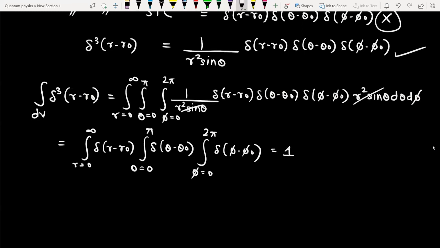Because these are the extreme limits, and obviously r naught has to lie between 0 and infinity, theta naught between 0 and pi, and phi naught between 0 and 2 pi, because these are the extreme limits of the variables. So this comes to be 1. So basically the result is verified.